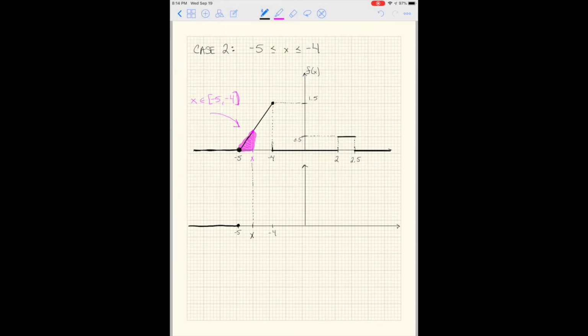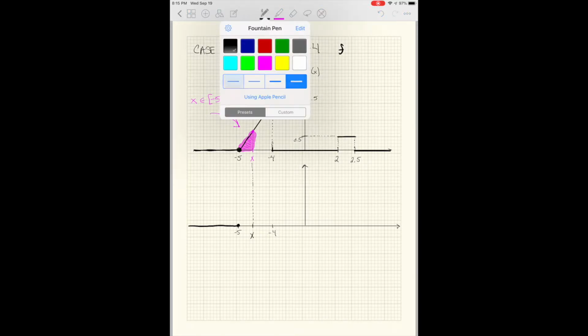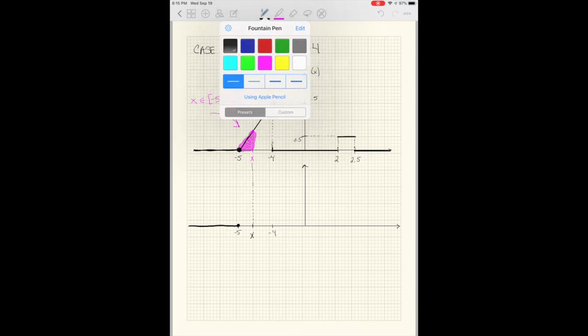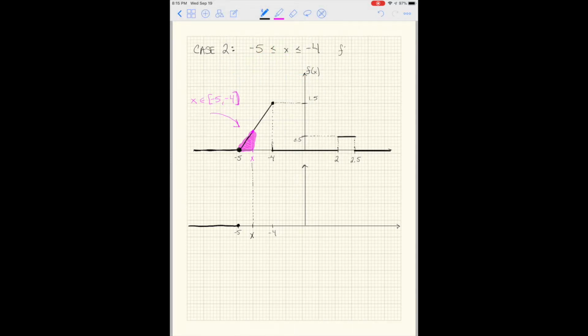So for this particular case, let's remember that f of x from that first page is 1.5x plus 7.5. So I should expect that for this region only, big F of x is going to be equal to 1/2 base times height, which is going to be equal to 1/2.